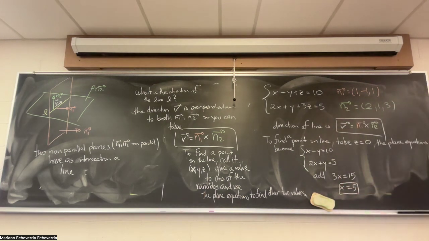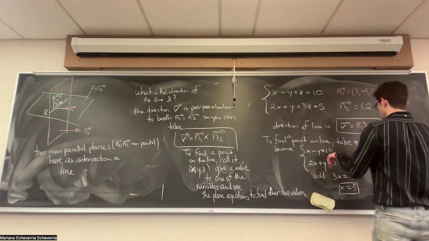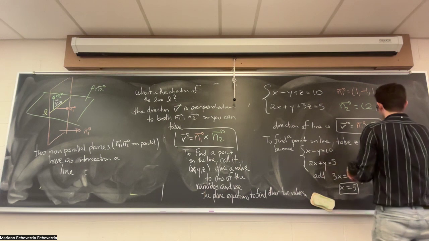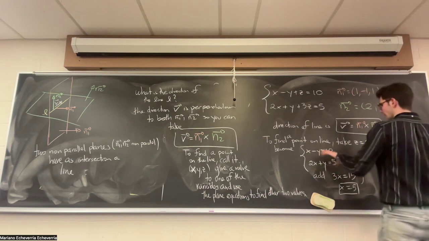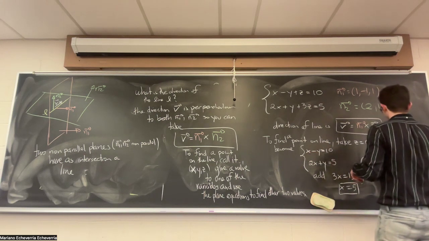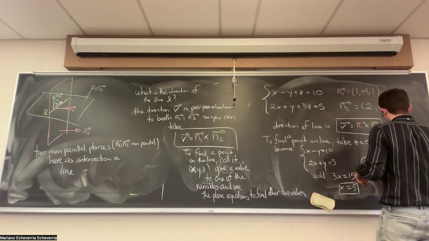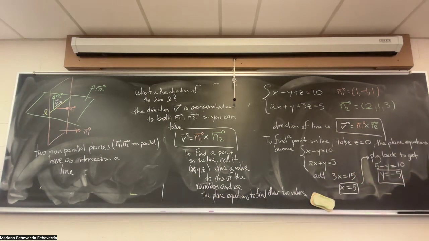And once x equals 5, if you plug that back into the equations, you get, for example, 5 minus y equals 10, and so y equals -5. So a point on the line would be (5, -5, 0). So that's a point on the line.